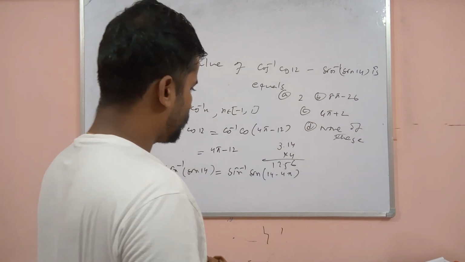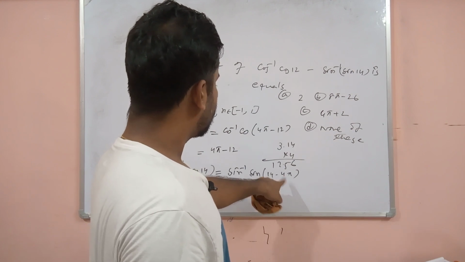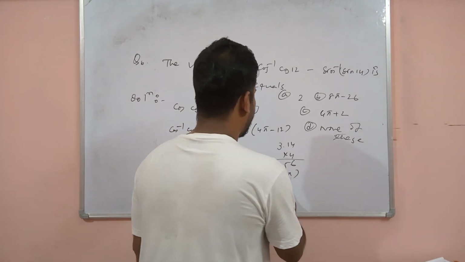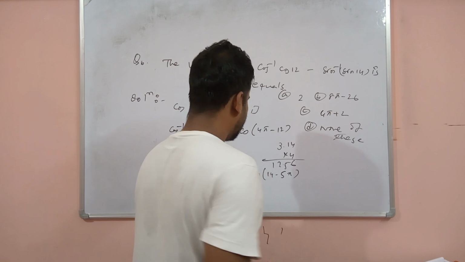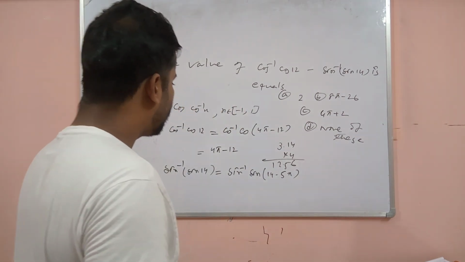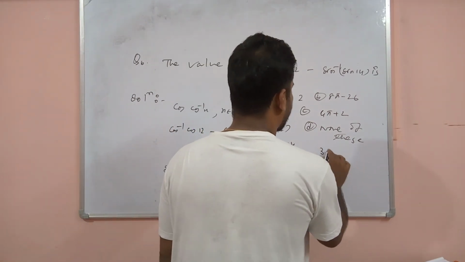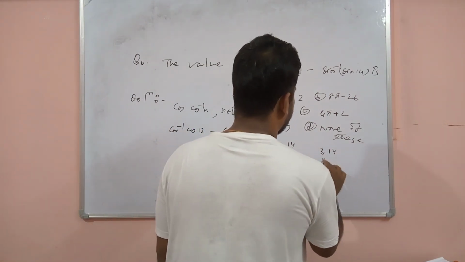No, suppose it is 5 pi, 14 minus 5 pi. 5 pi means 3.14 into 5.